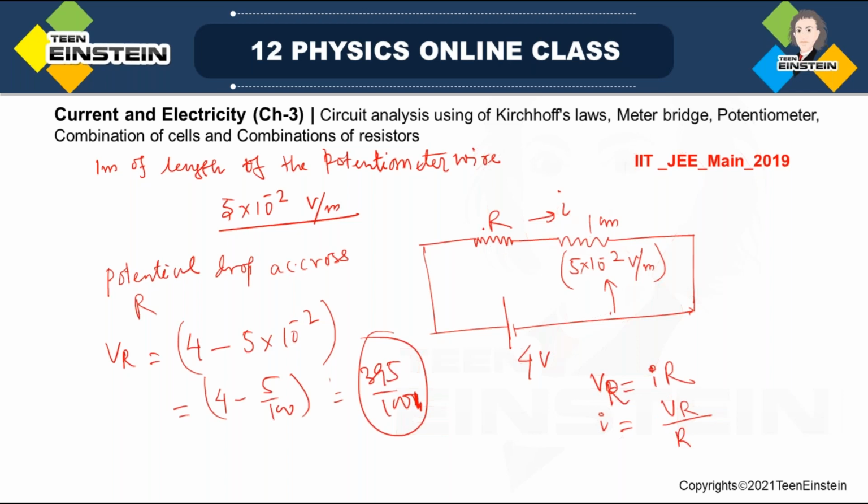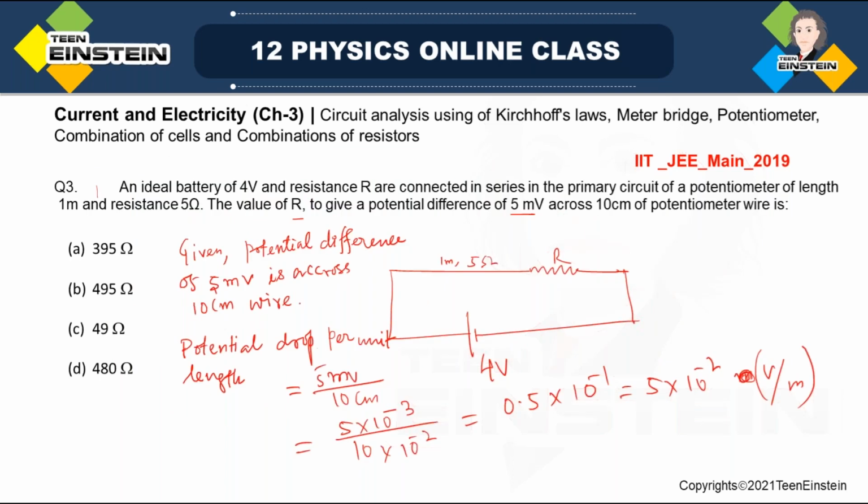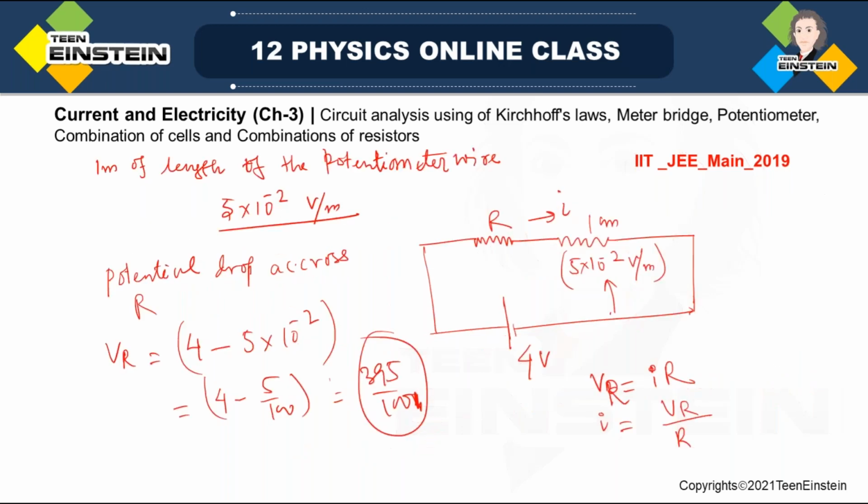Here actually there are two things. Here the total R includes 5 ohm, which is the resistance of the wire. So that also we have to take care of here, in series.